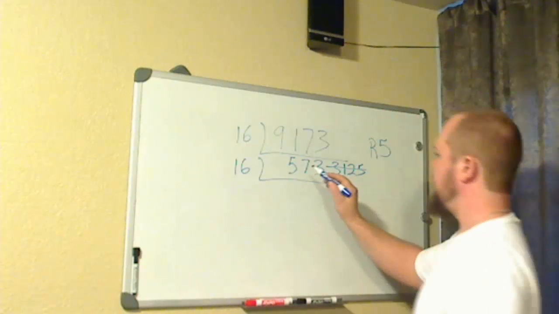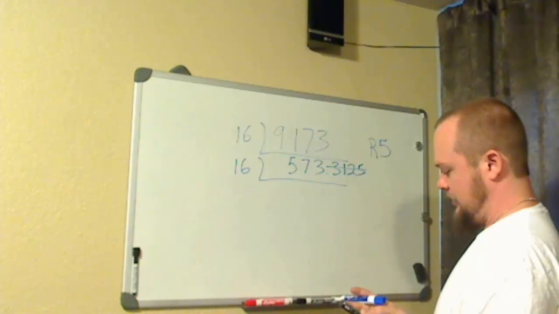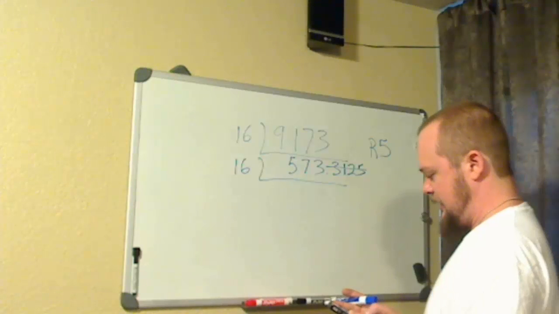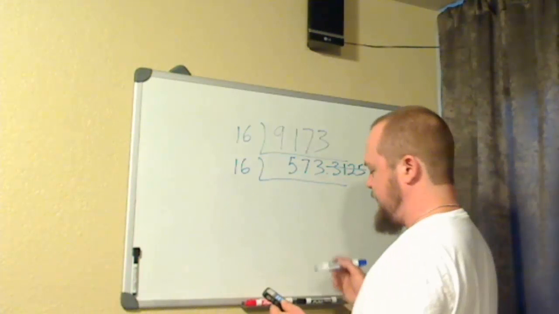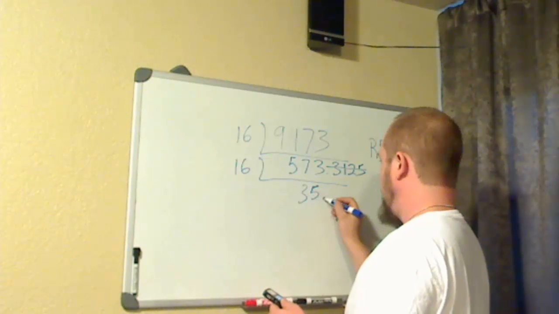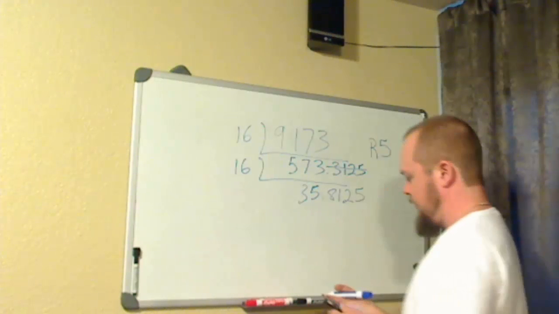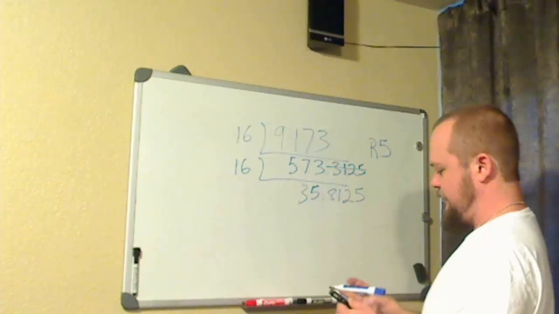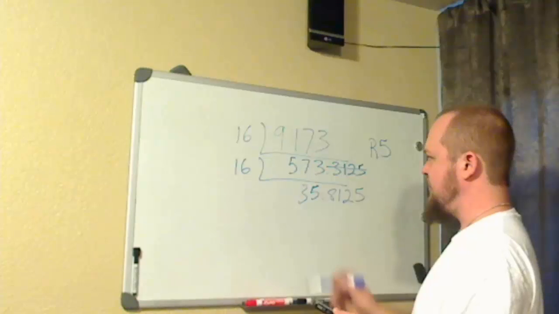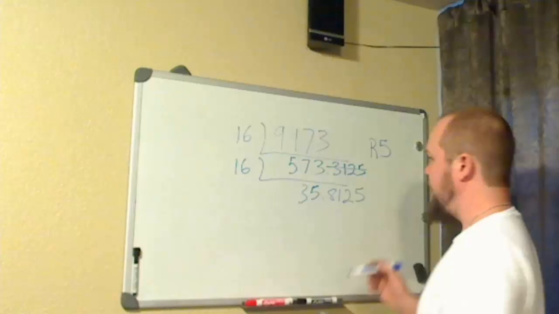Now we're going to divide 573, just the whole number, by 16. 573 divided by 16 is 35.8125. Again, 0.8125 multiplied by base 16, or our divisor 16, will give us a remainder of 13.